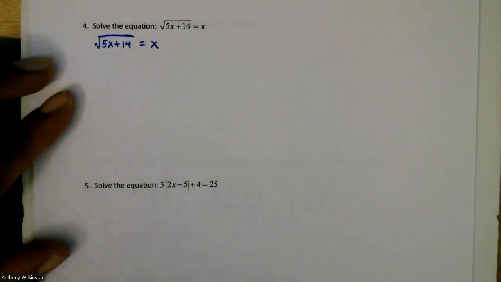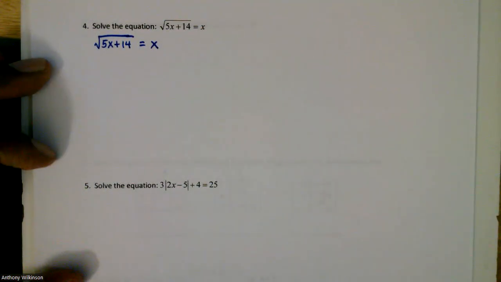Okay, so if I have the square root of 5x plus 14 equal to x, and notice that the square root symbol is already by itself. So to get rid of that square root, the opposite of taking the square root would be to square both sides of this equation. So that's what I'm going to do here.